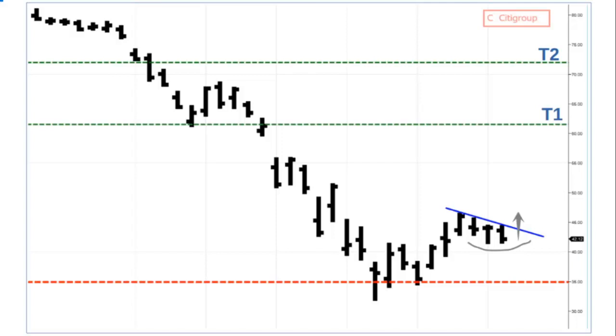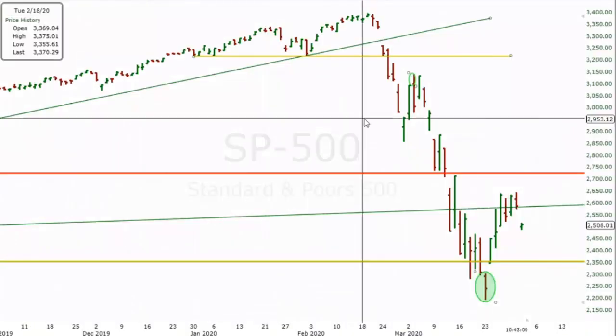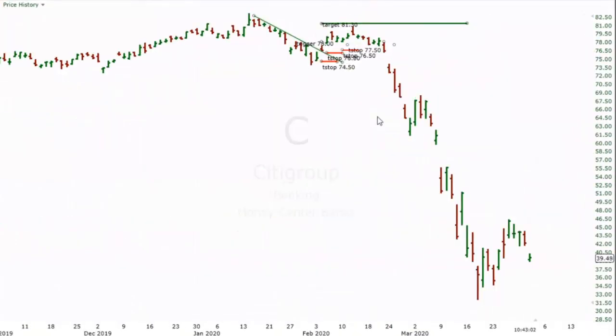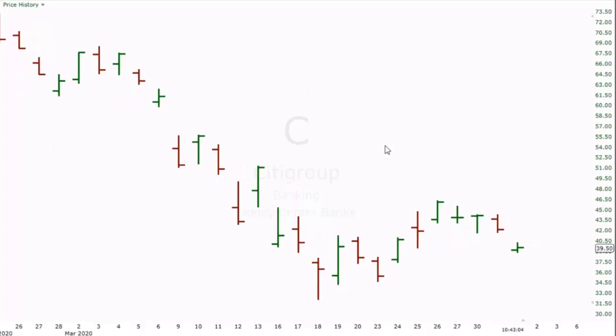So what I'm showing you here is we're above the stop level. This stock has triggered. Let's take a look there. I'll go ahead and mark the downtrend line that you have right there too. So there we go. That's basically where it triggered.